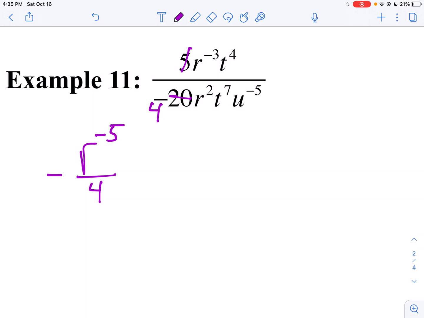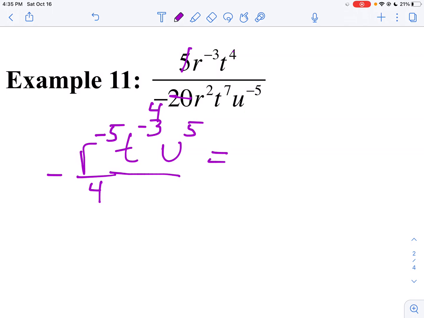Now look at t. 4 minus 7, well, that'll be negative 3. So t to the negative 3 power. And notice I just got a u, and it's negative, so I'm going to put u in the numerator and make it positive. So I get u to the 5th. Now, the answer is negative.